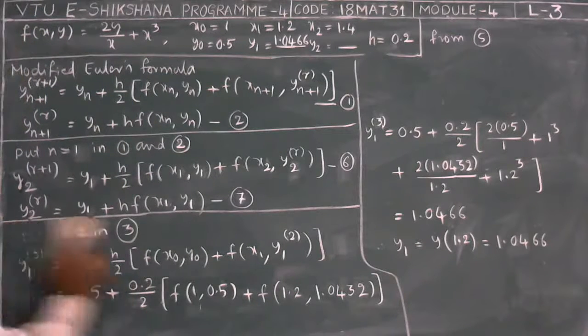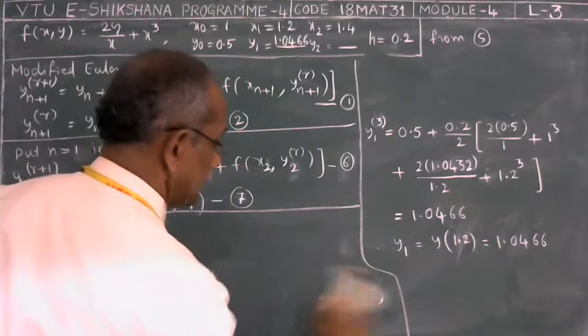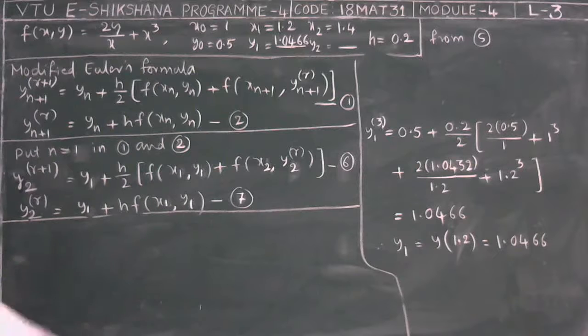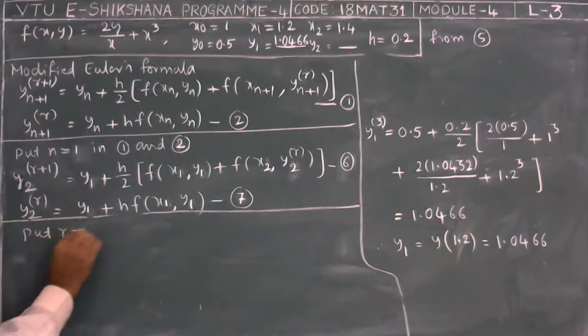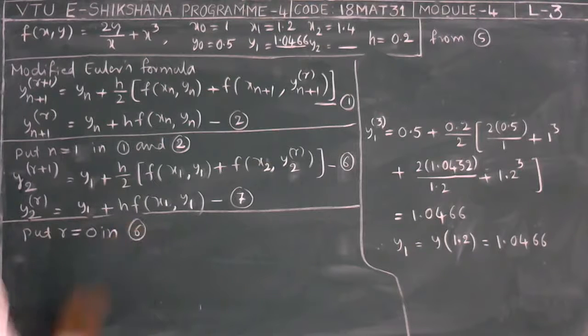Okay, so now I have to fix r equal to 0 in 6 and 7. Put r equal to 0 in 6. So what happens?